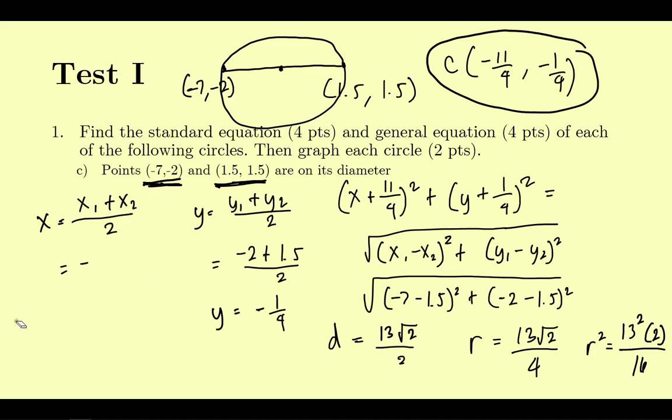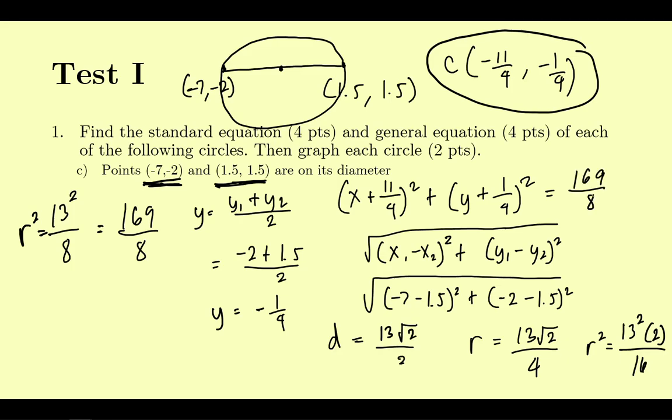This one will become, diba, r squared, 13 squared. 2 over 16 is simply 1 over 8. So, magiging over 8 na lang siya. Or, to expand this, magiging 169 over 8 siya. So, you can plug that into the equation na si r squared, 169 over 8. And this will be your standard equation.